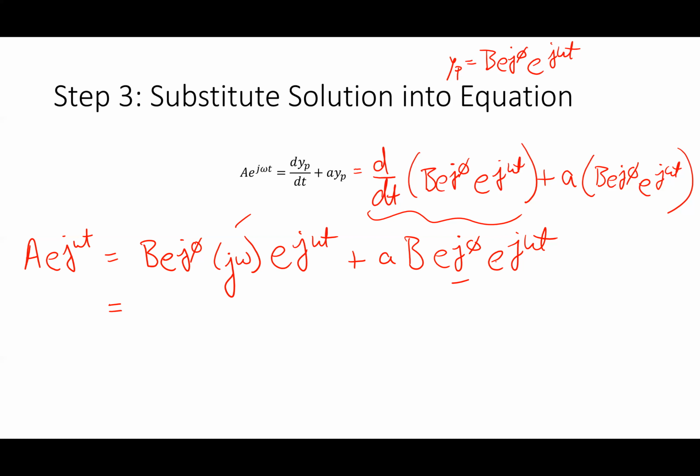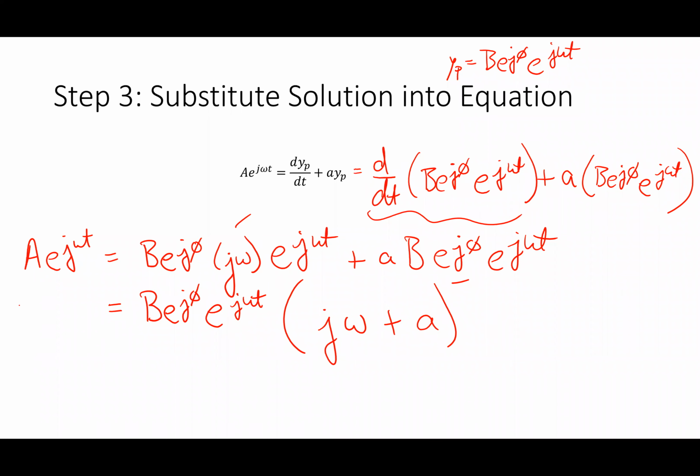B e to the j phi and e to the j omega t are common, right? So I can say b e to the j phi e to the j omega t times j omega plus little a, like that. If I distribute that out, these two are equivalent.